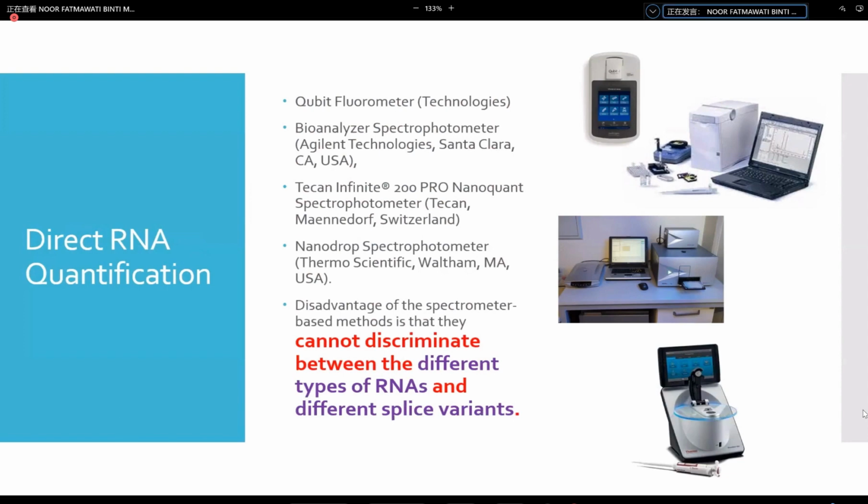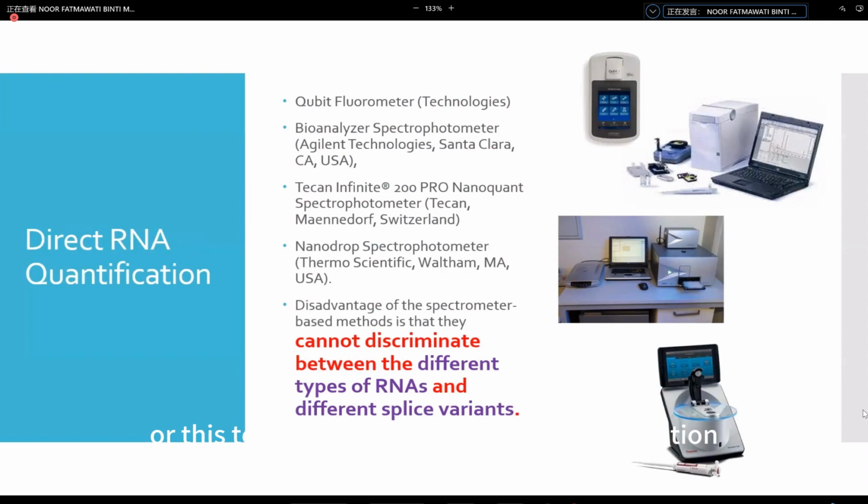So if you want to measure RNA, all the ones that I listed here, like Qubit fluorometer, bioanalyzer, spectrophotometer and whatnot, are machines or equipment or technologies that detect RNA non-specifically.